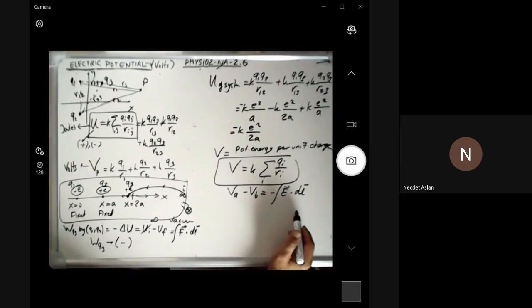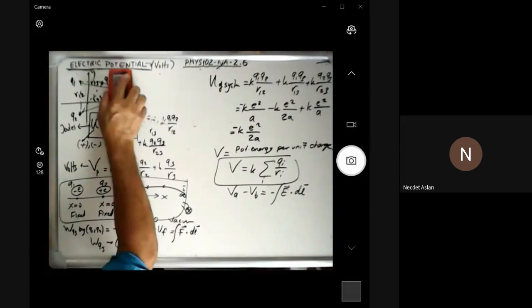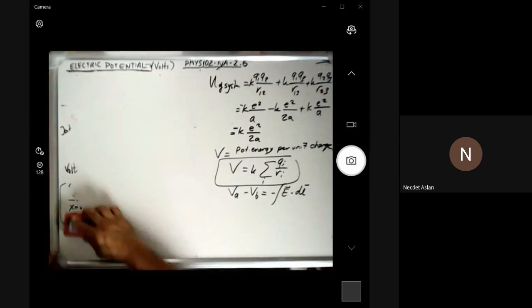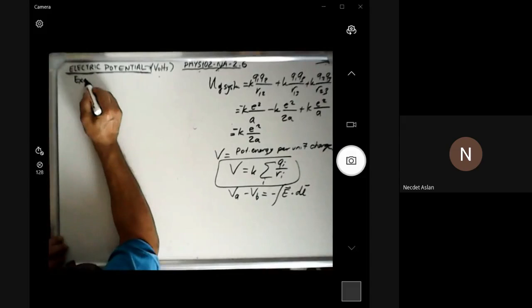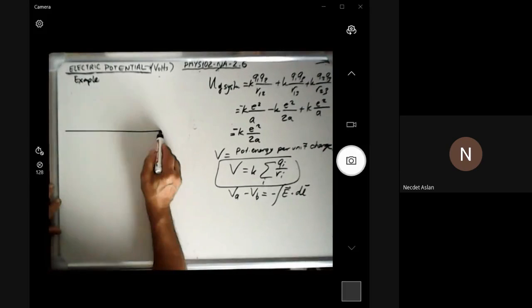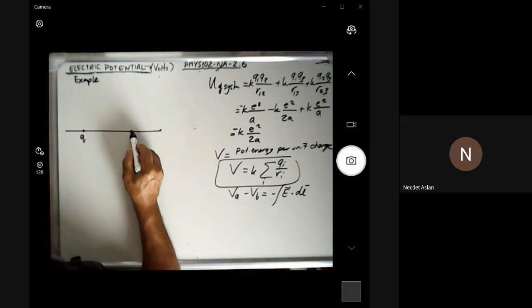I would like to solve now an example where there are two charges sitting side by side and producing some kind of potential at several points, and get these potentials due to these two charges. Now, example. So on this x-axis, we have Q1 sitting here, Q2 here.